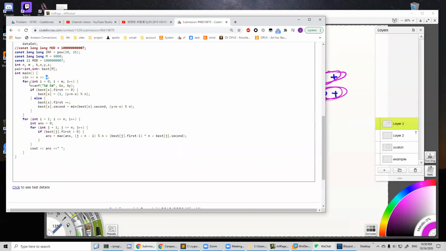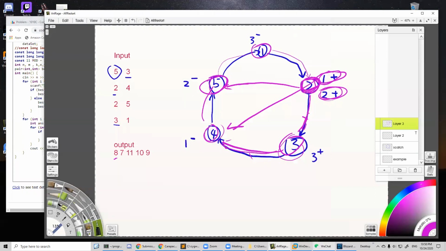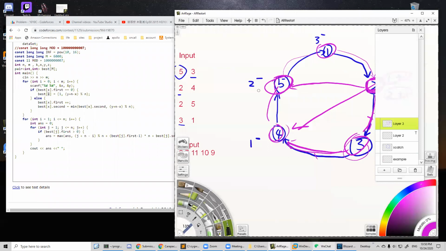Then we read all of those candies, the starting point and the ending point. Based on the starting points, we are going to update two values for each station.